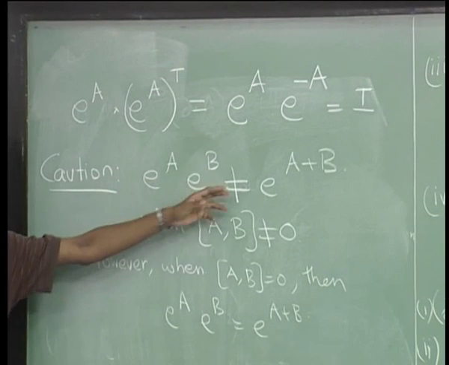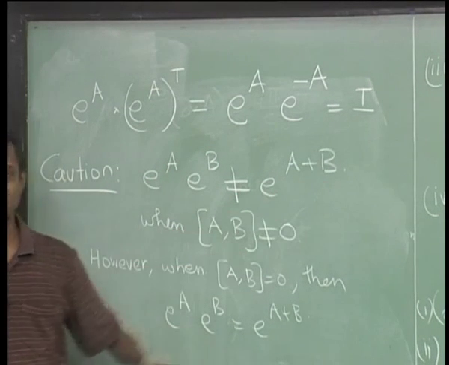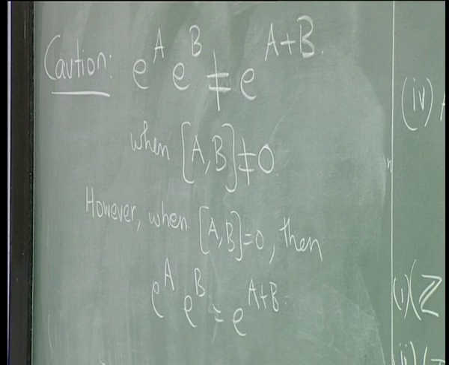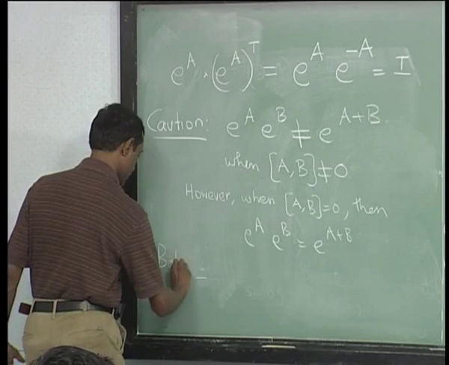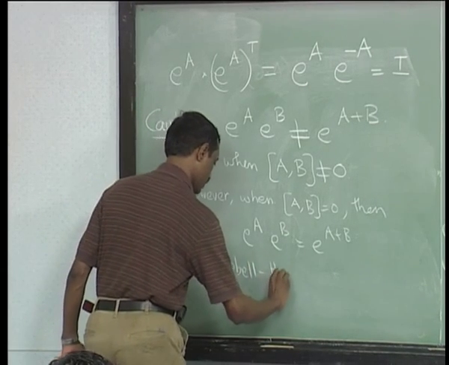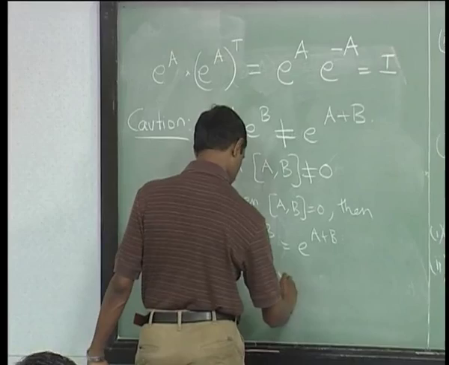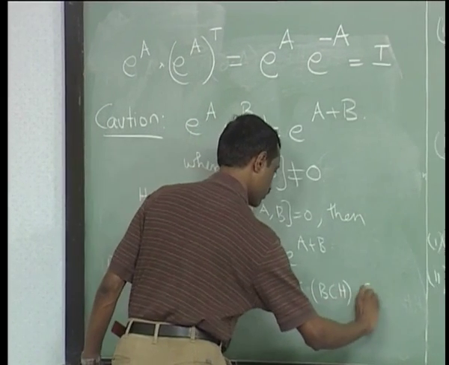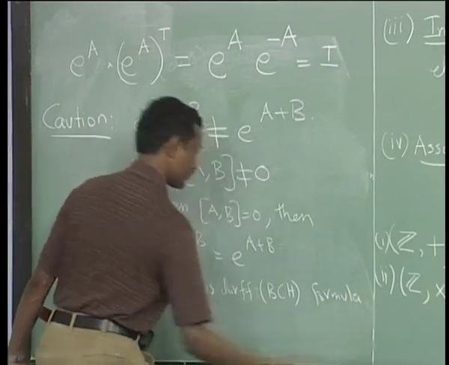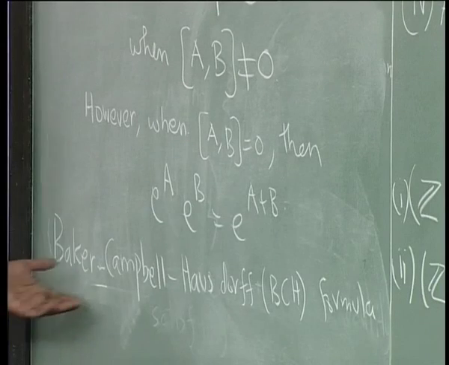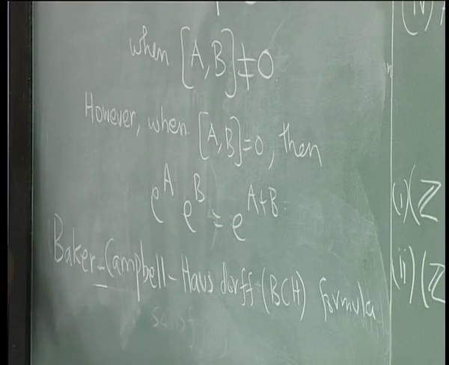Do you know there is a formula which gives what it should be in general, that has a name? Does anybody know what that is? It is called the BCH formula, the Baker-Campbell-Hausdorff formula, which you can look up, or we will discuss it later in this course, but I would recommend that you look it up and see what it is.